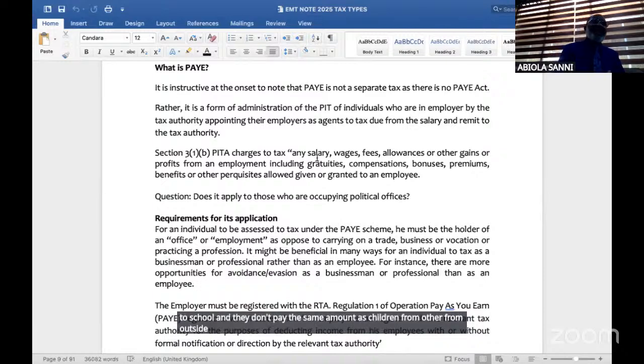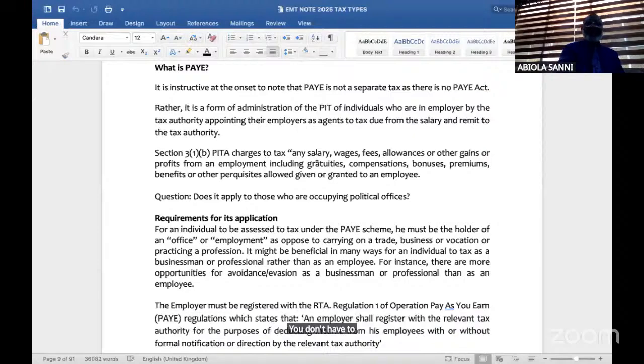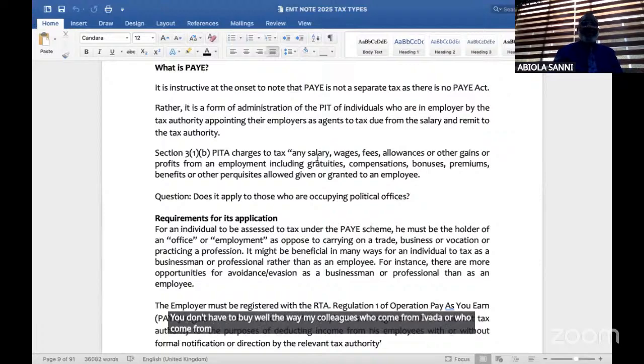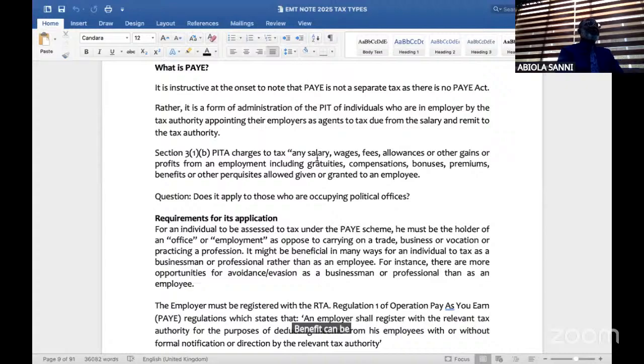You have a house. You don't have to buy fuel, the way my colleagues who come from Ibadan or Badagry or Ikorodu do. In some other jobs, benefit can be as much as a whole house. They just say, okay, keep it. It could be as much as a brand new car.